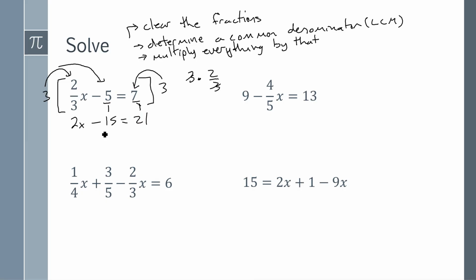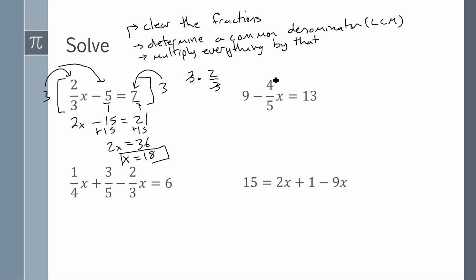Now I don't have fractions, and I'm really, really happy. And now it looks like the previous slide. So I'm going to add 15, and I get 36, divided by 2, and I get 18. So 18 is the final answer. Let's take a look at this next one.